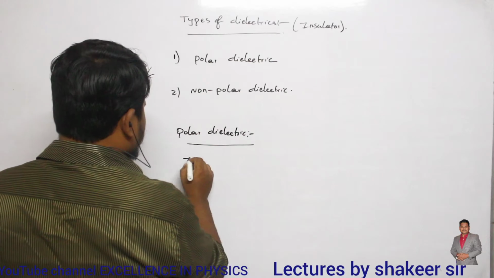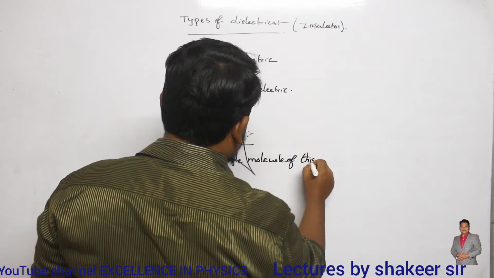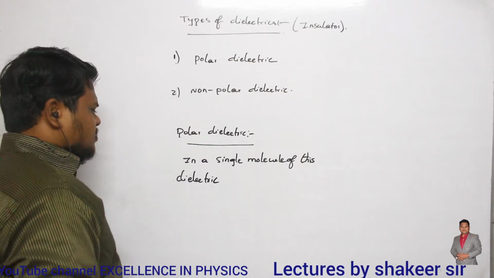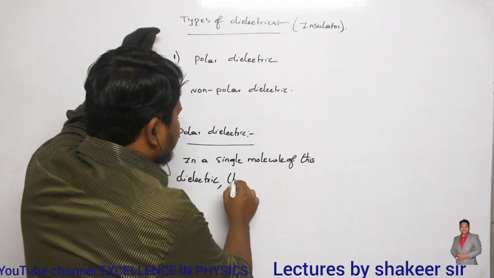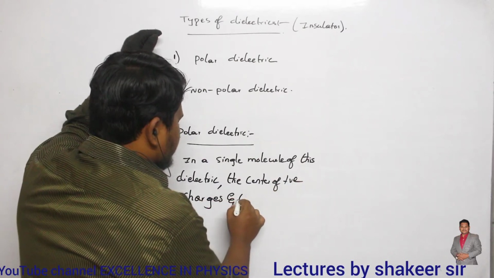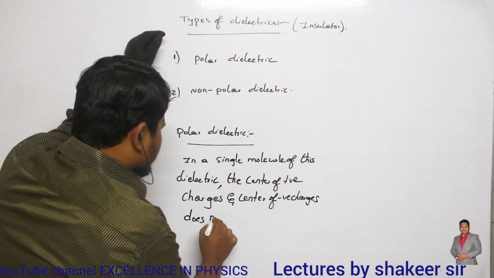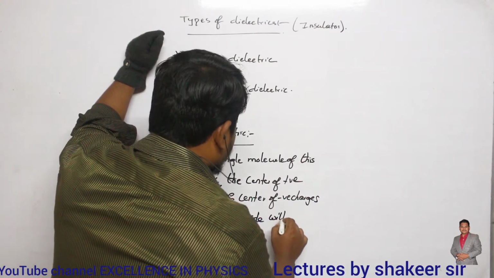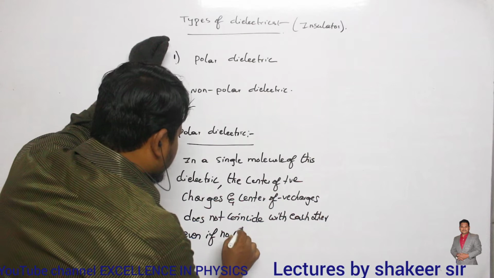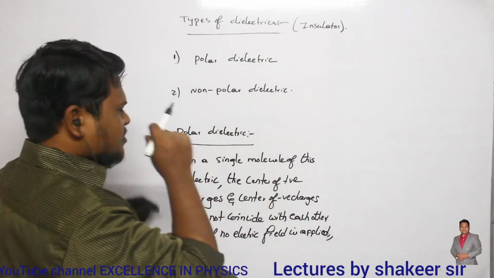Polar dielectric means that in a single molecule of this dielectric, or you can call it an atom if it is an element, the center of positive charges and the center of negative charges do not coincide with each other, even if no electric field is applied. This is called a polar dielectric.